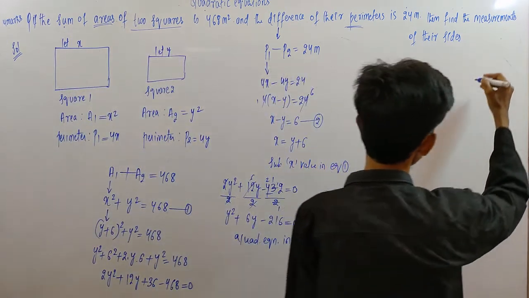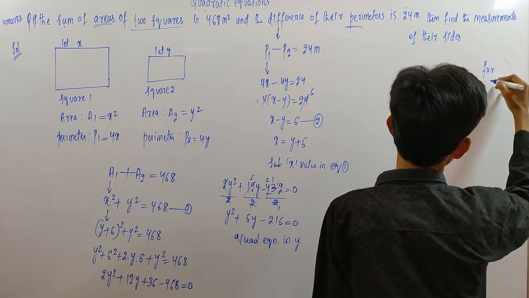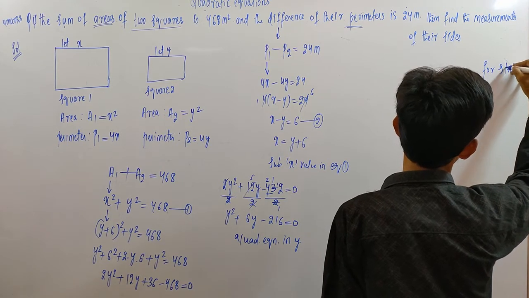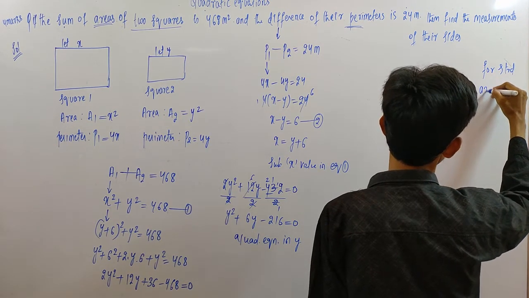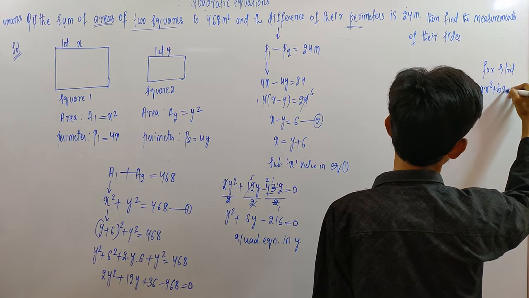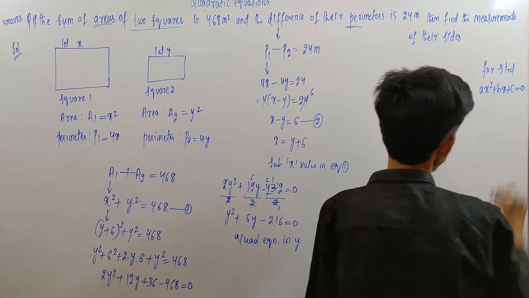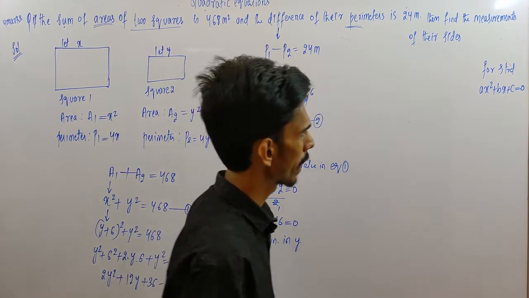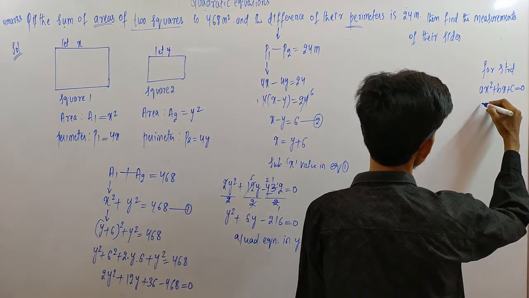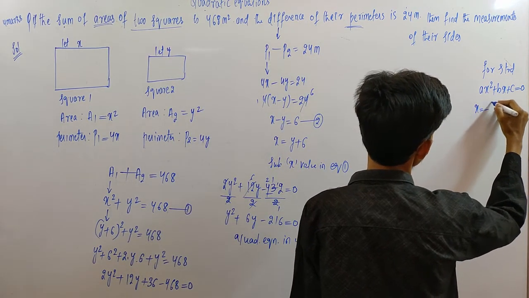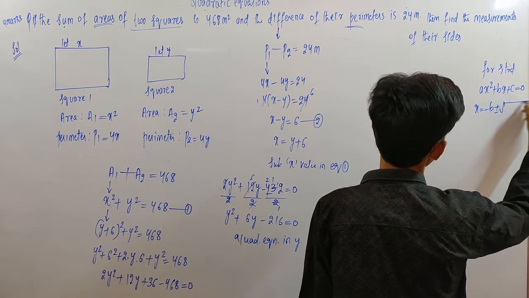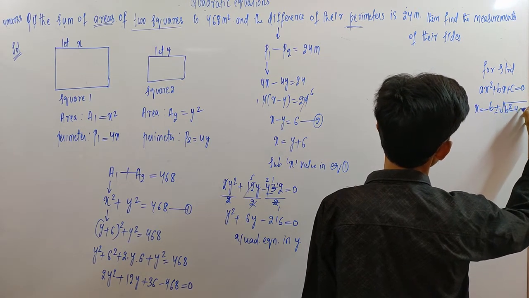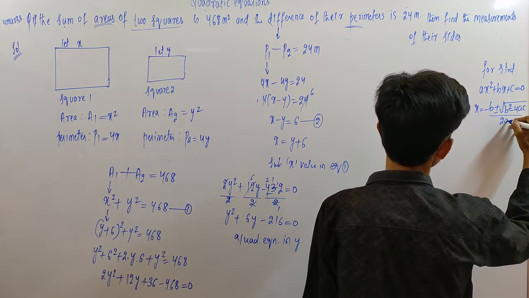We already know that for the standard quadratic equation ax square plus bx plus c equal to 0, we have roots x is equal to minus b plus or minus root over b square minus 4ac, by 2a.